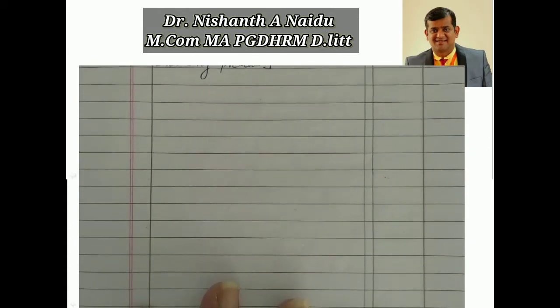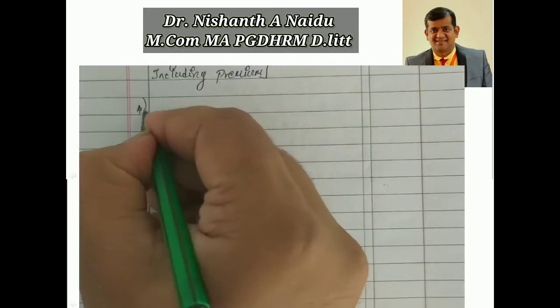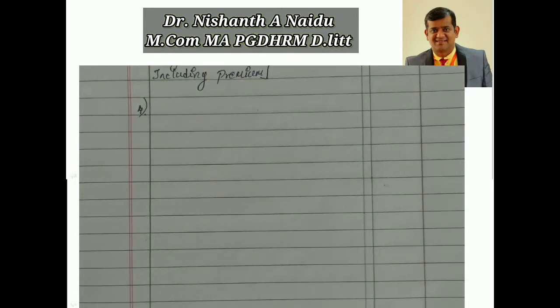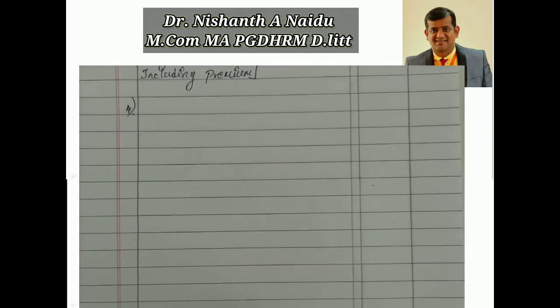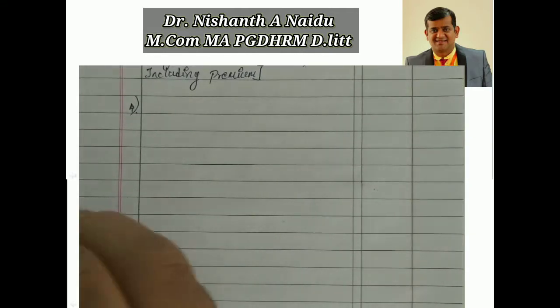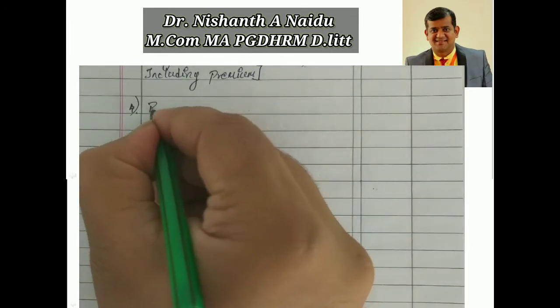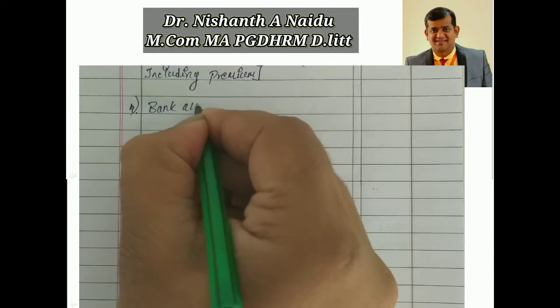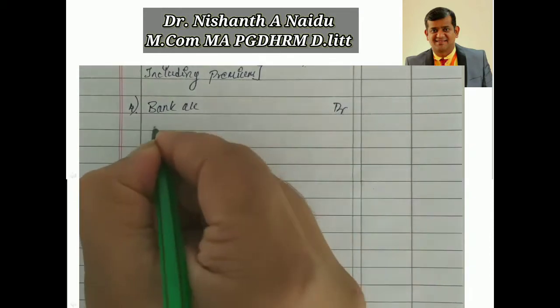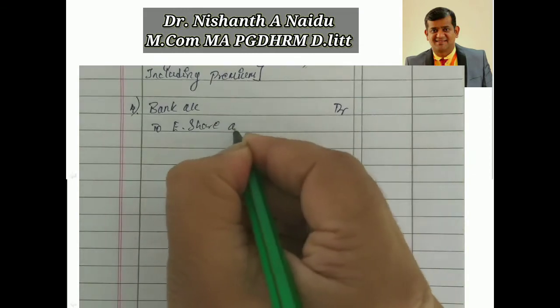So now I am moving further towards the fourth entry. What is the fourth entry? Fourth entry is the receipt entry. Okay, receipt of what? Allotment money. So write down bank account debtor to equity share allotment account.